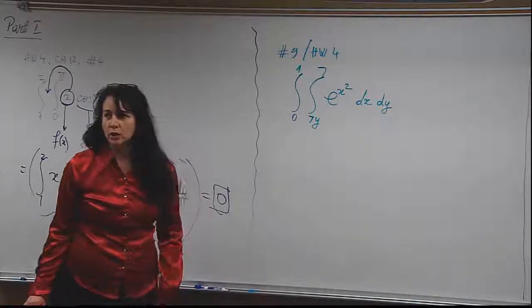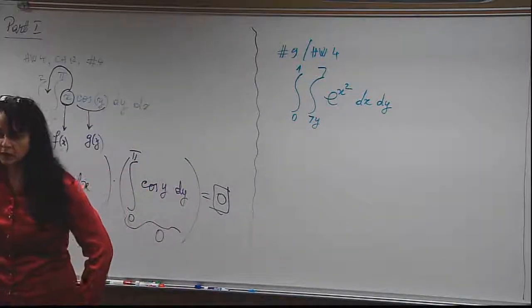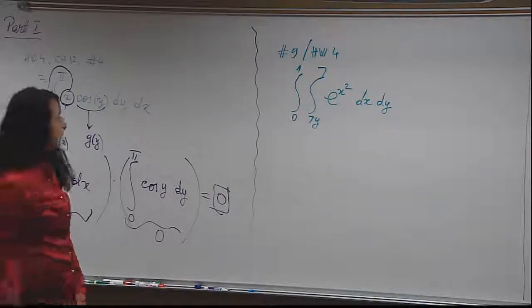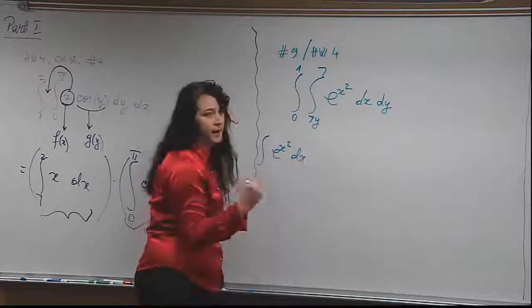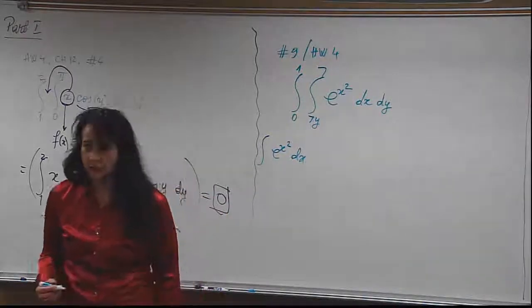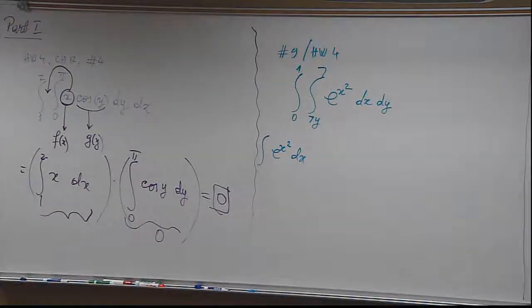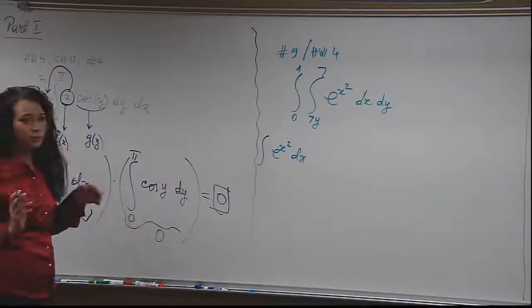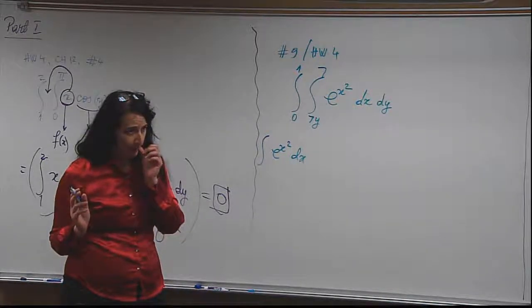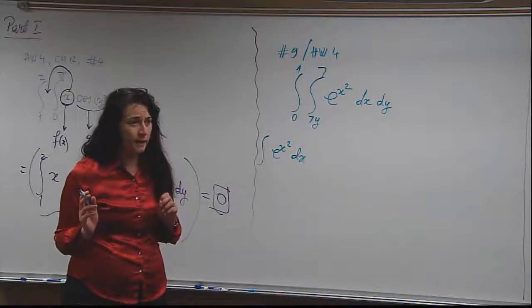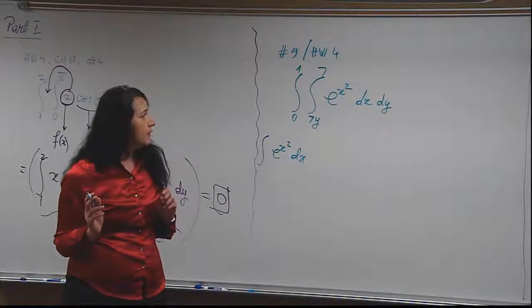So if we were in Calc 1 right now, and somebody would say, go ahead and take the integral of e to the x squared dx and compute it by hand, see what you get. You already know. They don't know, poor people. They don't know, but you know, because I told you that this is a headache. You need another way out.